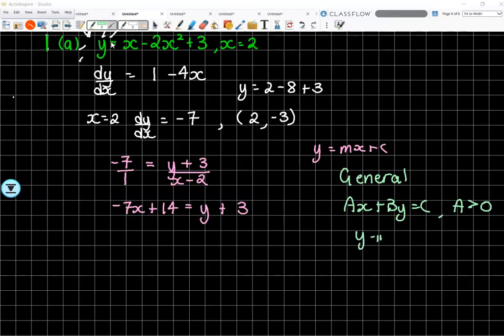In the slope y-intercept form, it's just y equals mx plus c, correct? So with this one, I'm going to put the 3 over, so it becomes minus 7x plus 11 equals y. I don't want the y on the right, so y equals minus 7x plus 11.